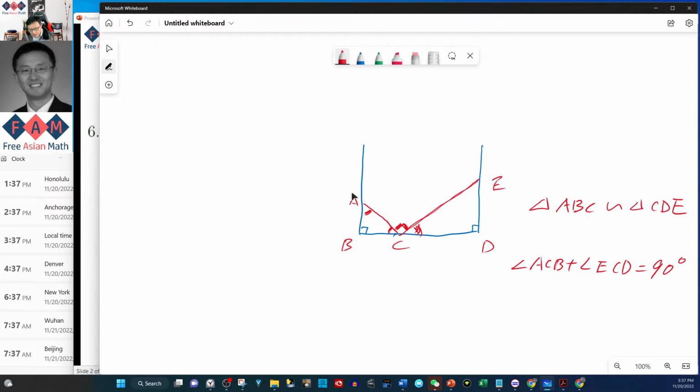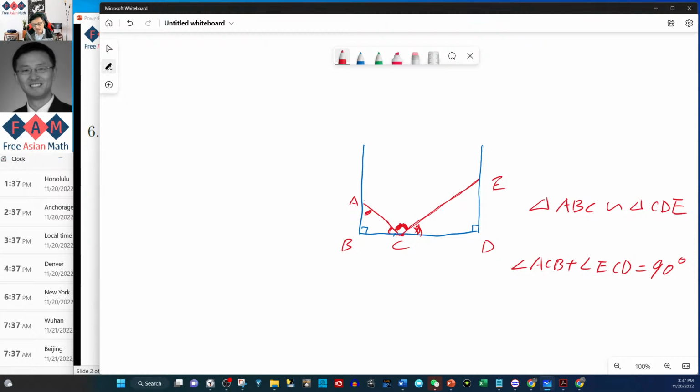If anything, you should memorize the fact of why they're similar. It's because of this right angle in between and this point on the line, which by itself is a straight angle, 180 degrees. It cuts the straight angle into three parts.